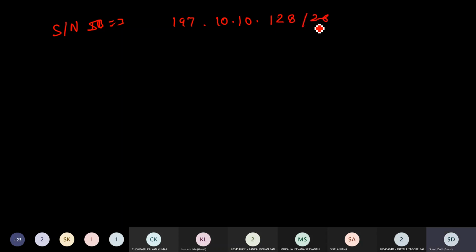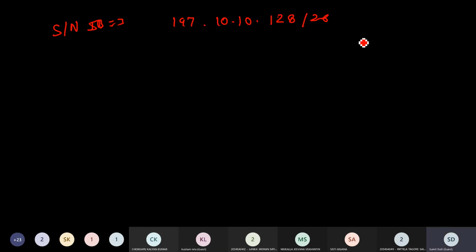Tell me the subnet ID for network 3. It will be 197.10.10.128/26, right?